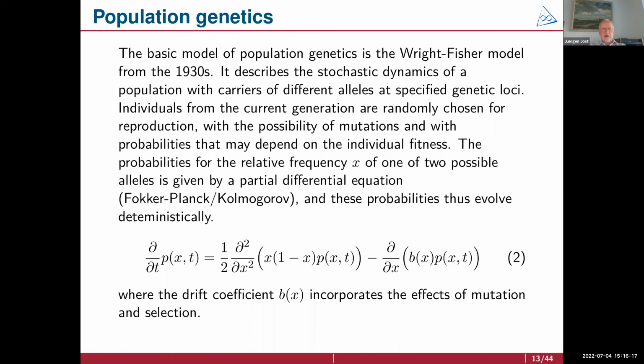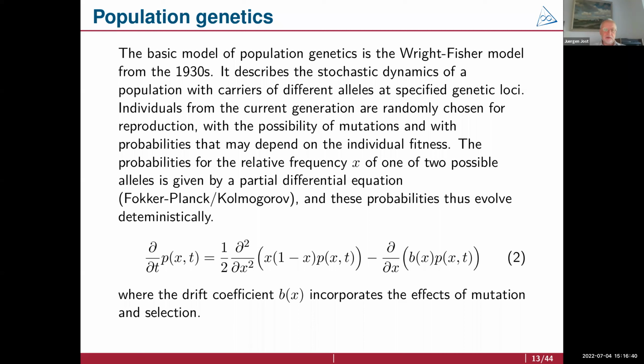And so this satisfies a partial differential equation. There's one coefficient, the drift coefficient, that incorporates all the biologically relevant effects of mutation and selection. The first part just is a random sampling of the individuals for reproduction.